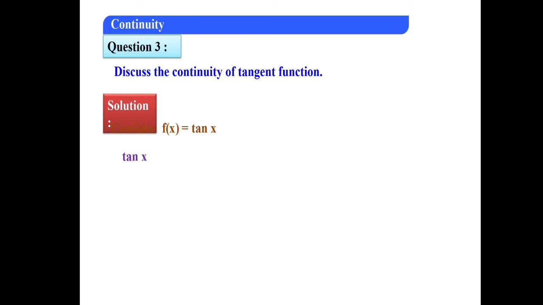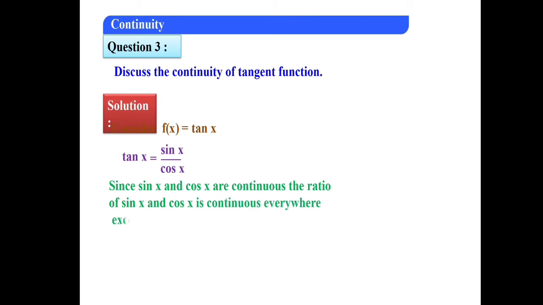f of x is equal to tan x, but tan x is written as sin x upon cos x. Just now you learned that sin x and cos x are continuous. Now by the algebra of continuity of functions, the ratio of sin x and cos x is continuous everywhere, but the cos x function should not be 0. Therefore here we take cos x equal to 0.